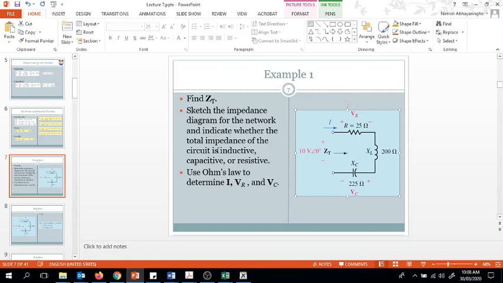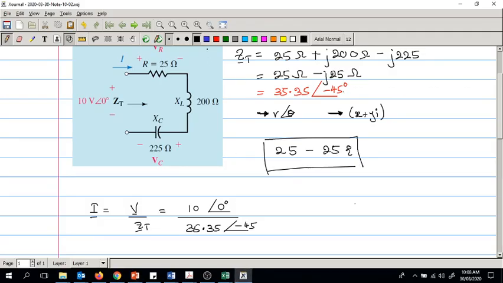They have asked us to do something else, right? Sketch the impedance diagram. So the impedance diagram is you have the axis, and that has to be vertical. So this is our impedance diagram, and our impedance has a magnitude. That is why I wanted to find this.